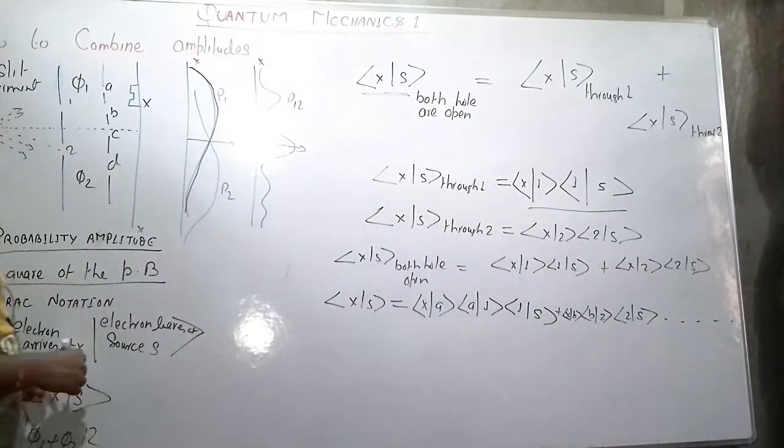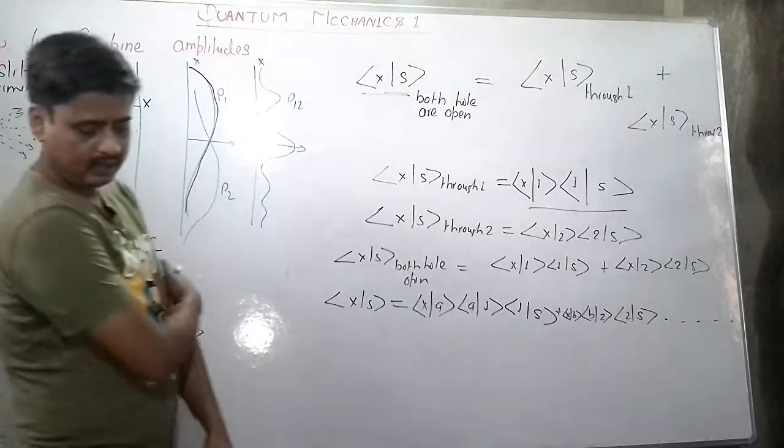So it will be the sum over all possible paths.